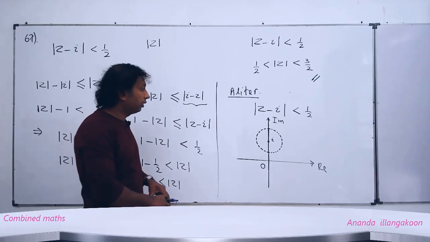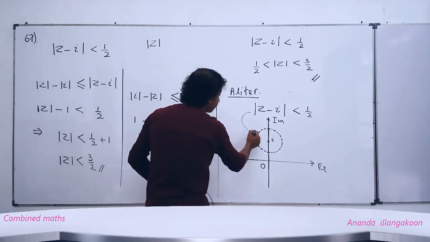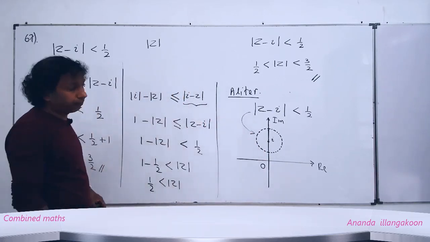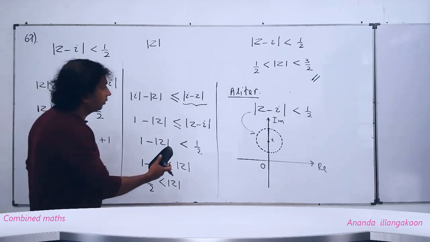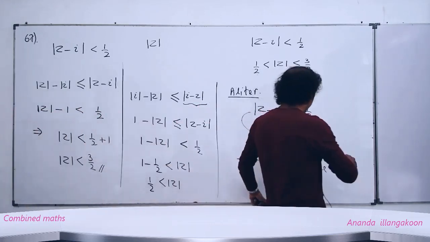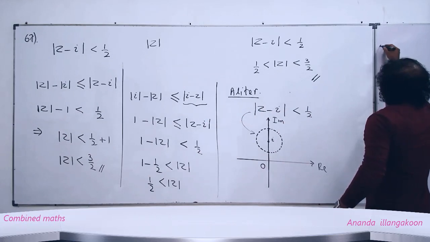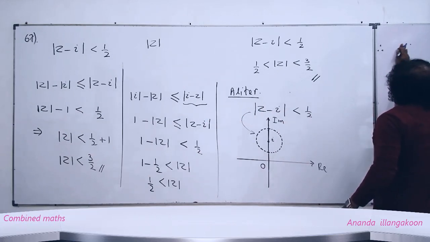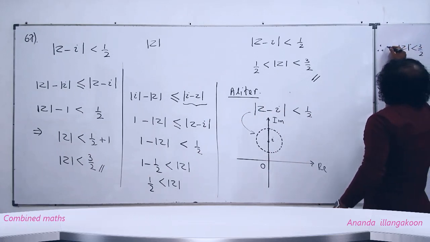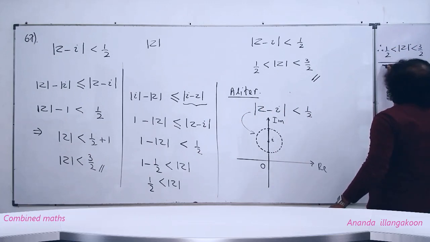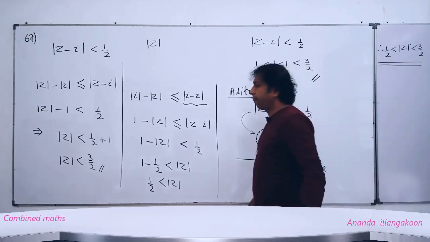This is the region. Therefore, mod z is less than 3/2 and greater than half.